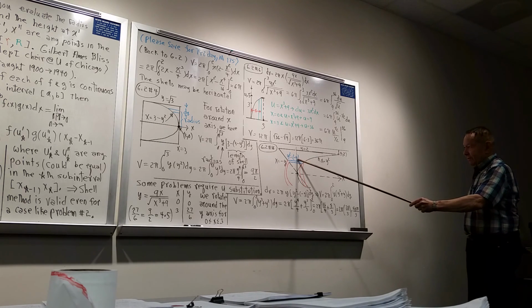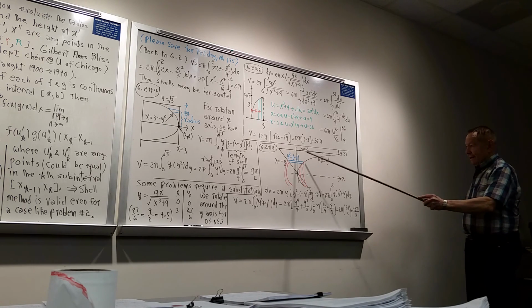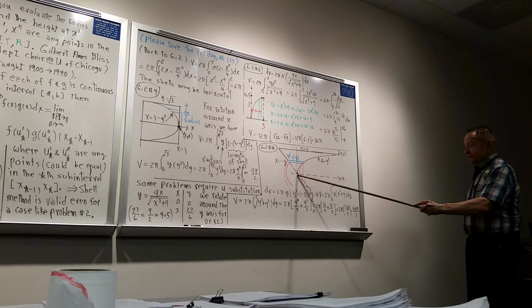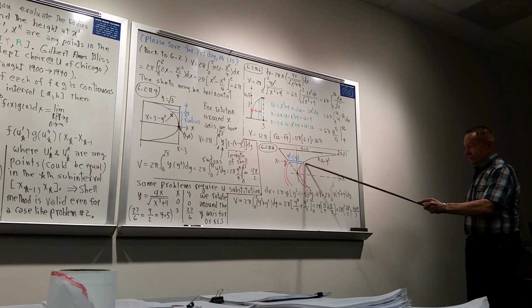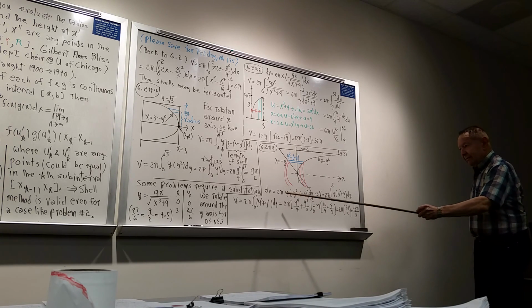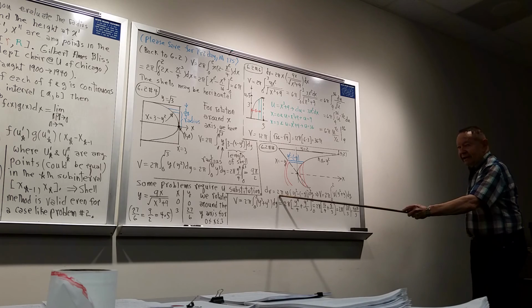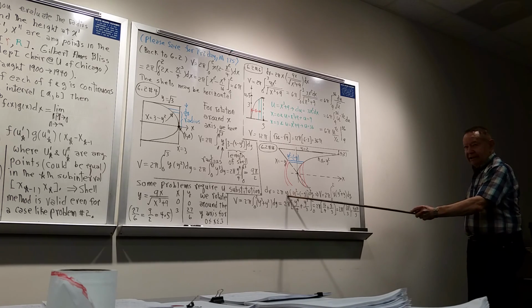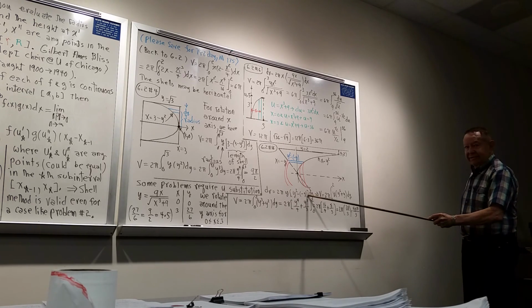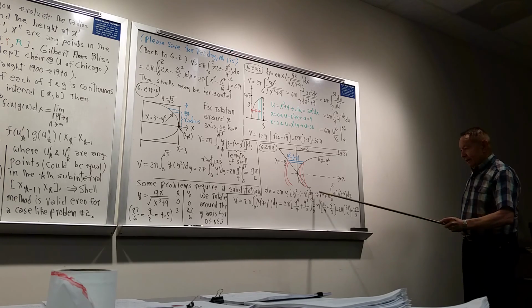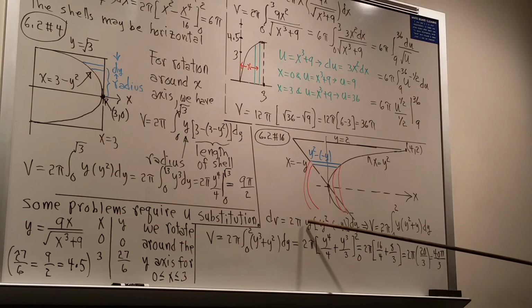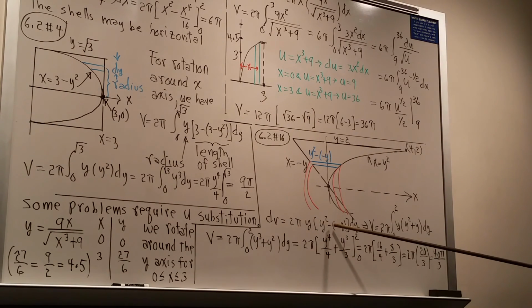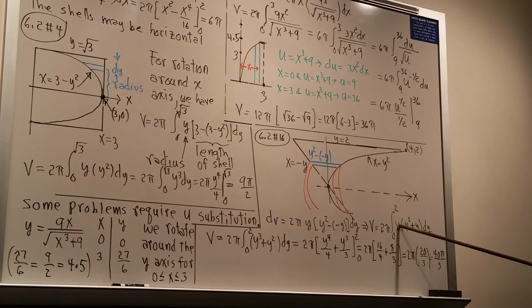So you get y squared plus y, and your radius then would be y from the x-axis, and your thickness would be dy. So your differential volume is 2 pi times your radius times the length of the shell, dy, thickness of the paper.